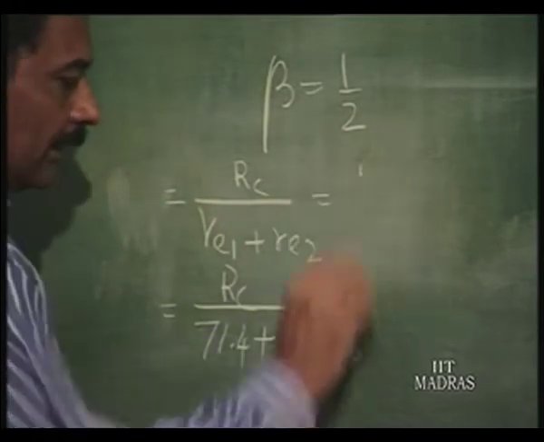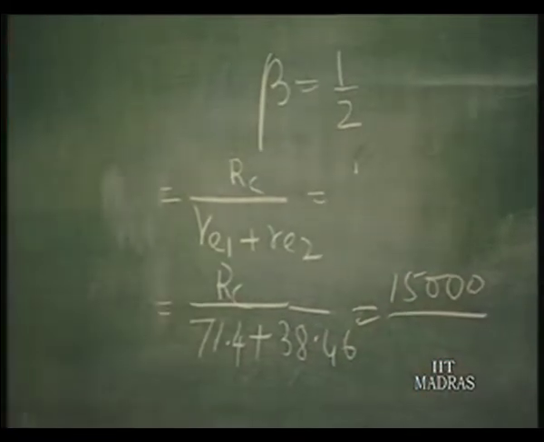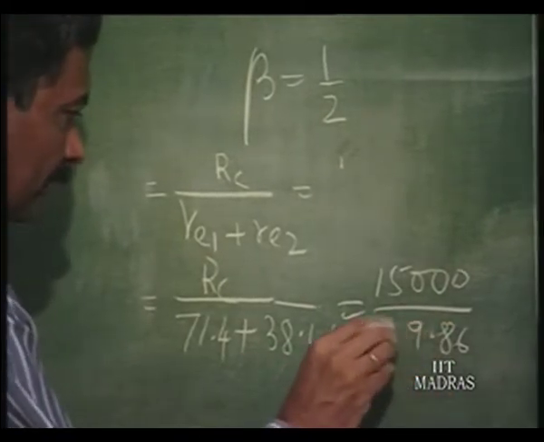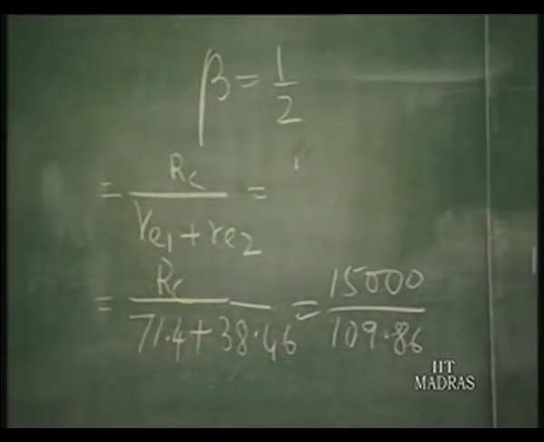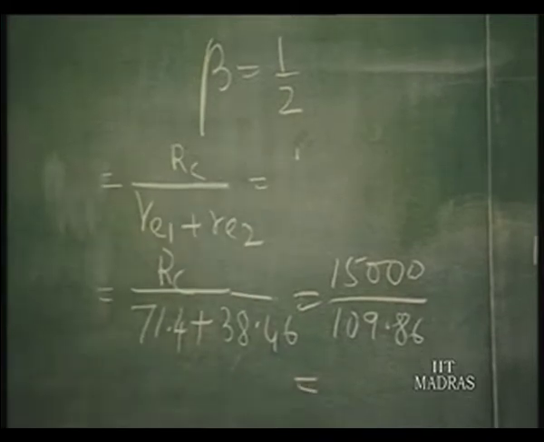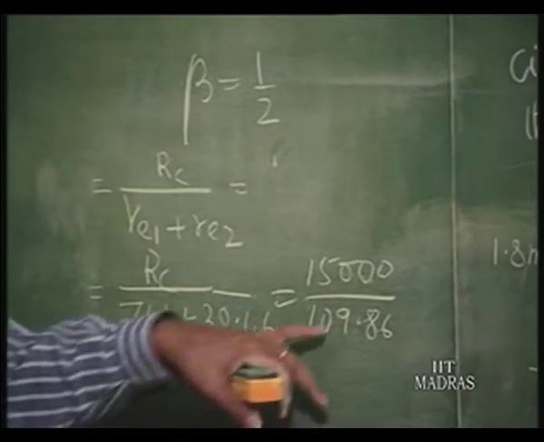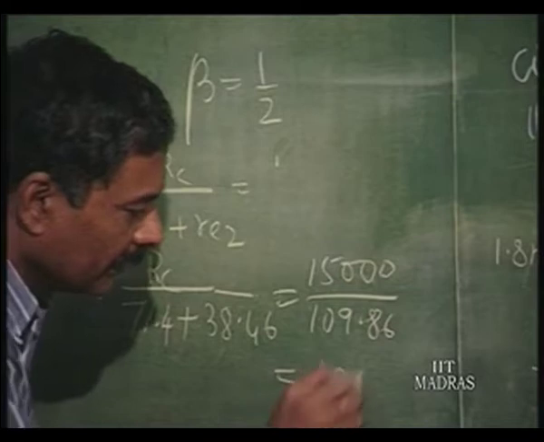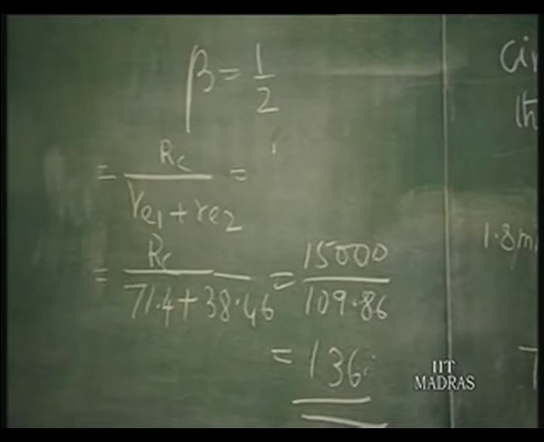This is 15 K divided by this total, that means about 150... to 136.36. 136, that is the open loop gain.